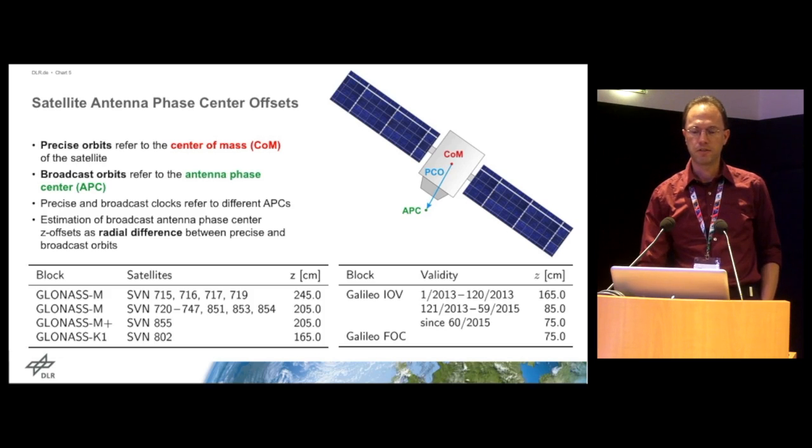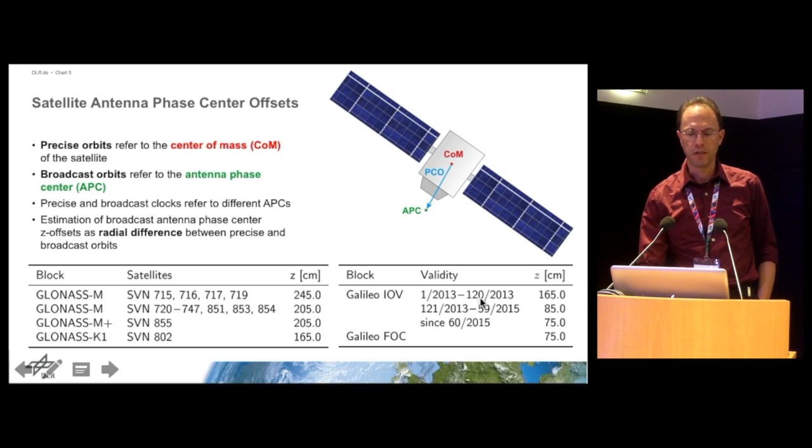And unfortunately, these offsets are usually not known, and therefore we estimated them as a radial offset between the precise and the broadcast products. You can see here two examples. For GLONASS, for example, we have two different subgroups of the GLONASS-M satellites differing by 40 centimeters. For Galileo, we see some time dependence, so we have here three different periods where the offsets significantly changed.